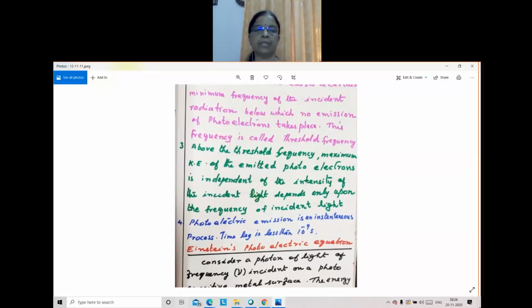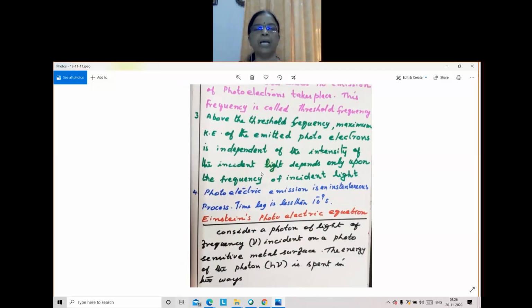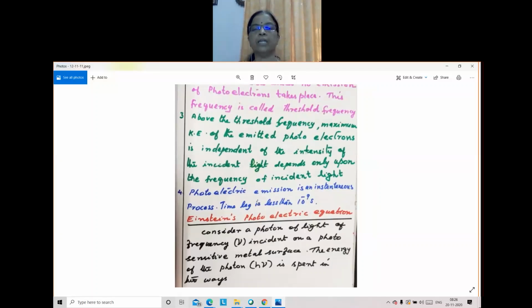The last law: photoelectric emission is an instantaneous process. Just when a photon is incident, an electron is ejected. The time lag is very small, 10 raised to minus 9 seconds, that is, 1 divided by 10 raised to 9.